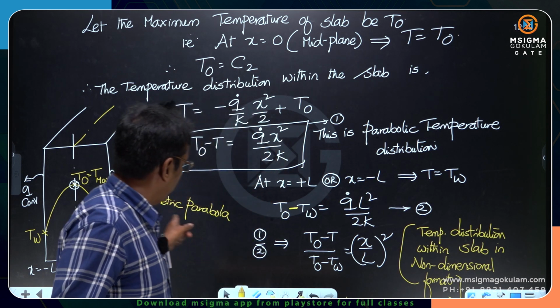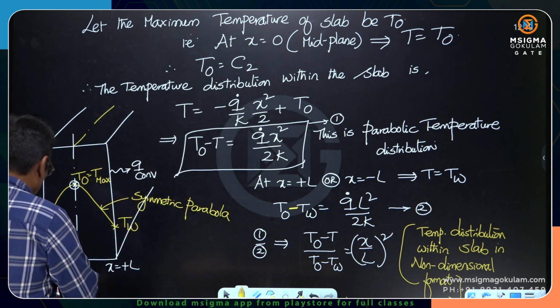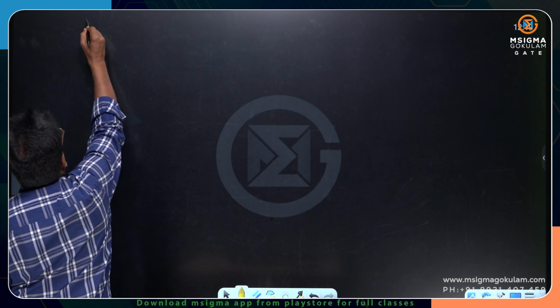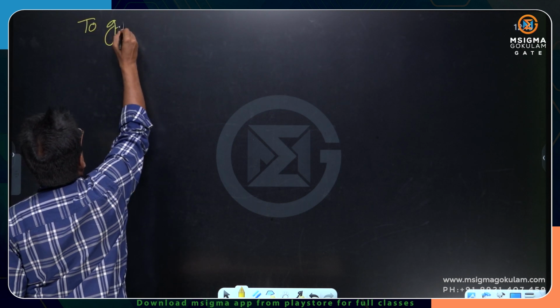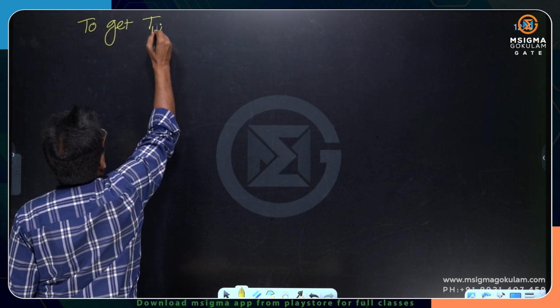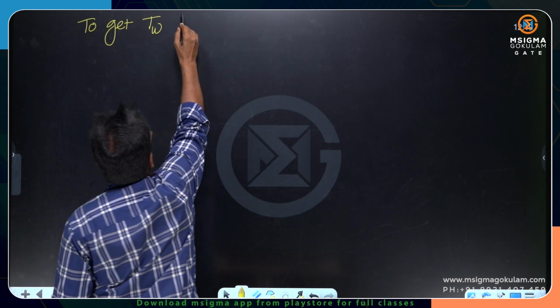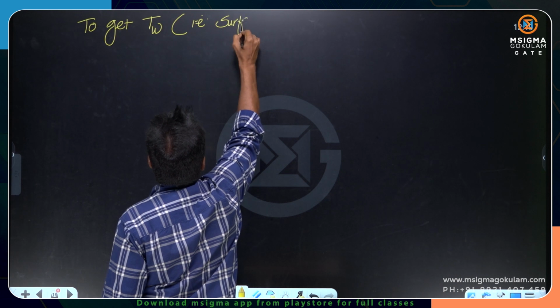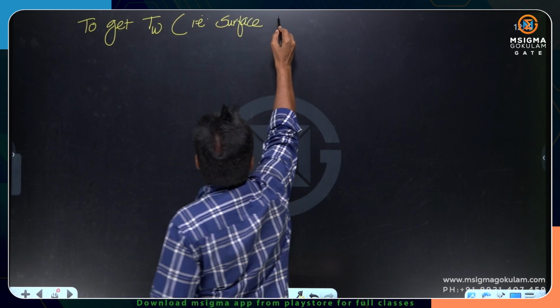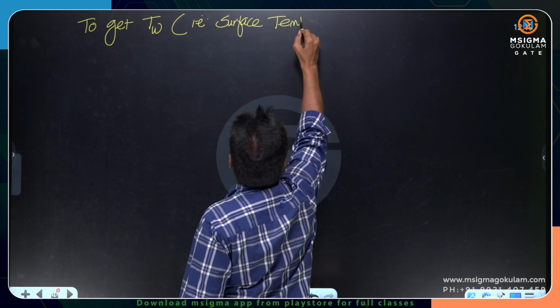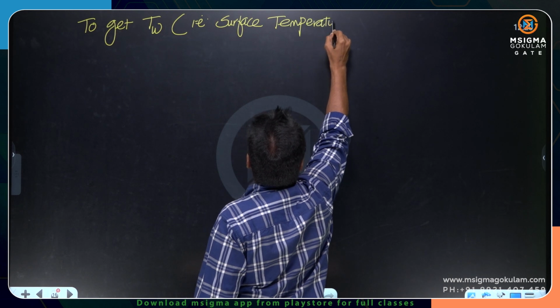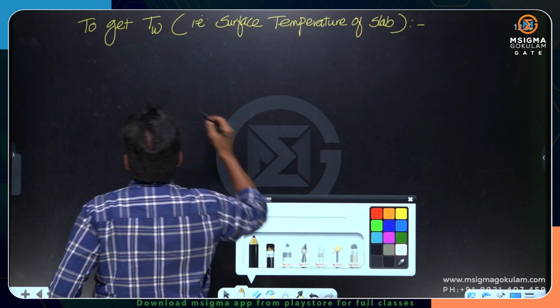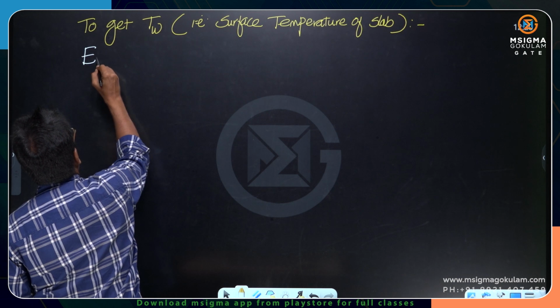So now I am going to get that TW. What is the TW? That is the surface temperature of the slab, which is the same on both sides.